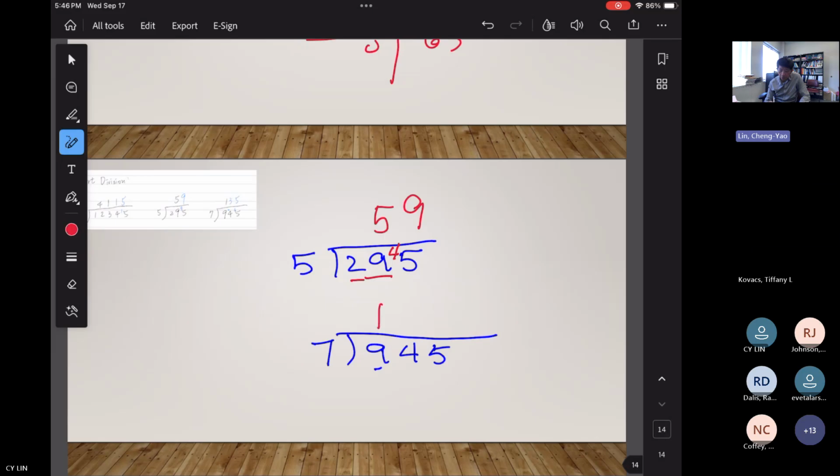So therefore 1. So 9 minus 7 is 2. So 24 divided by 7, put the 3 there. So we have 24 minus 21, the remainder is 3. So put the 3 there. 35 divided by 7, 5. 135. That's lightning fast. Yes, sir.